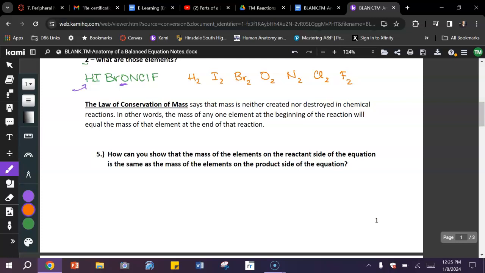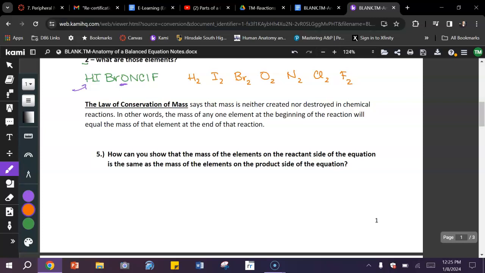You can change the order or the combinations of different elements, that's fine. But if you start a reaction with 2 atoms of an element, you need to be able to account for 2 atoms of that element on the product side as well. And that is exactly how you can show that the mass of the elements on the reactant side is the same as on the product side.